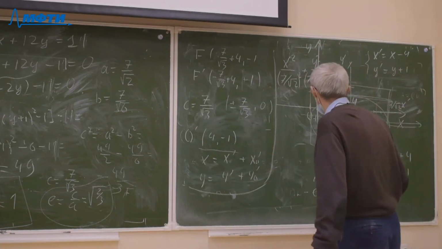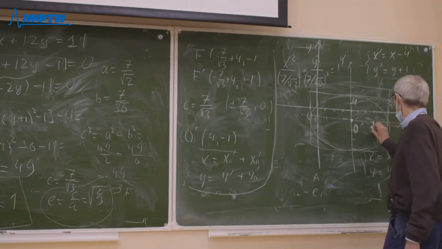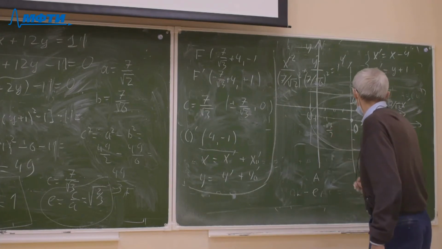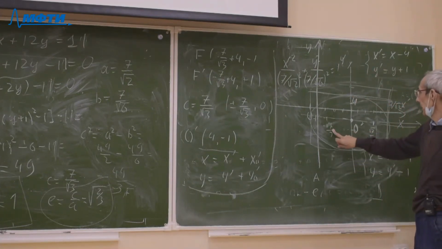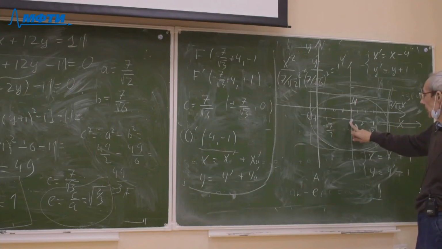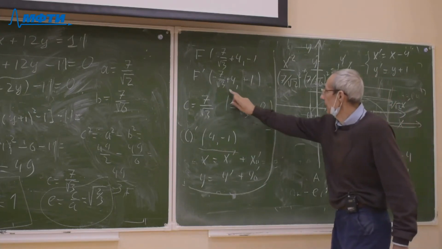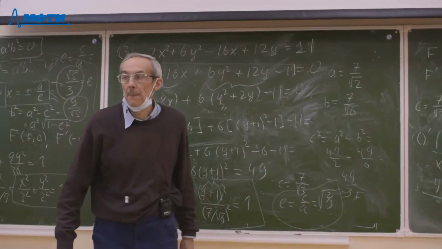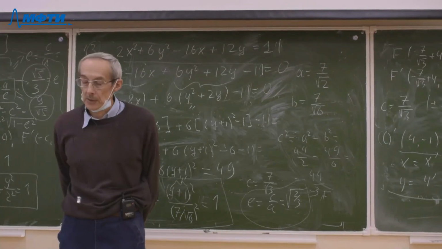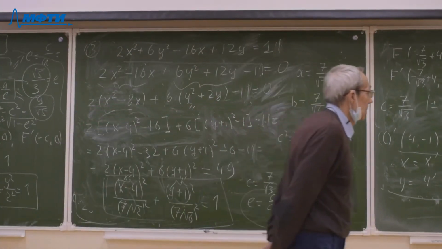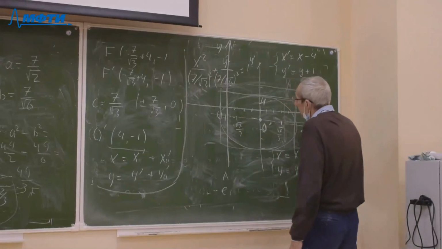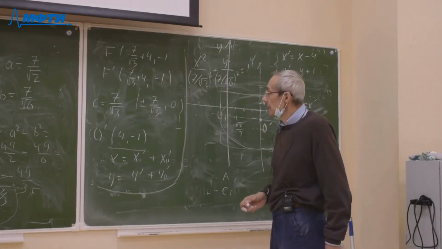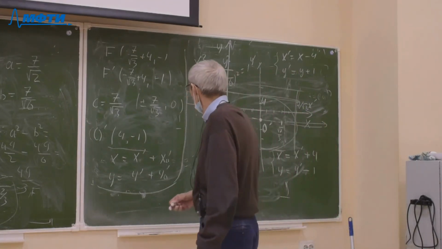We add to these coordinates the coordinates of the origin of the new coordinate system, and we obtain the following value for the foci. Do you understand this? Yes. Okay. And in the same way, we can also obtain the formula for the directrices, and so on.